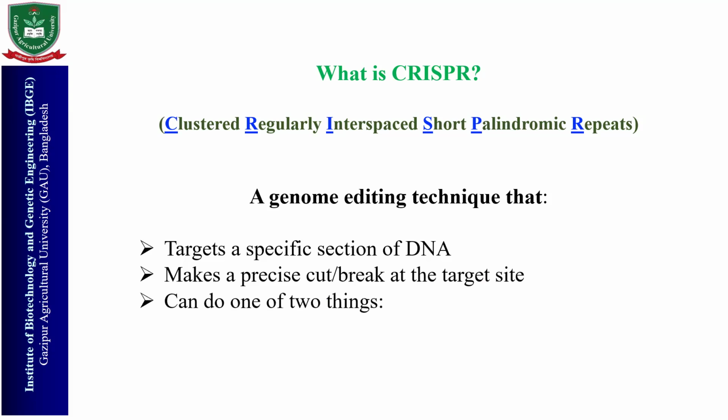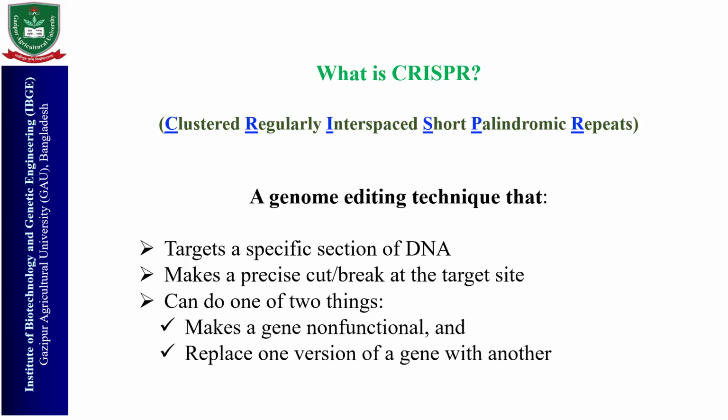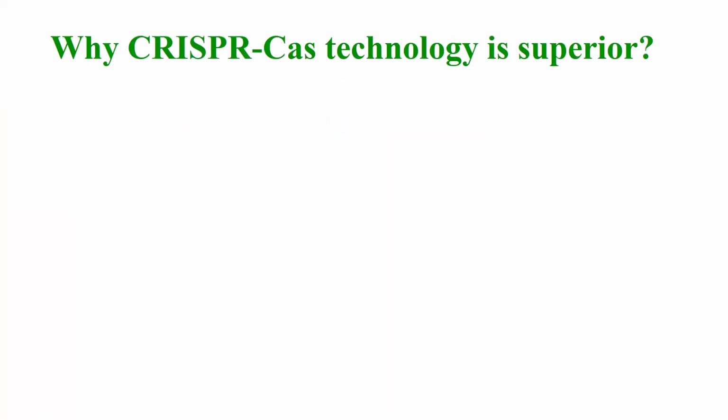So it can do at least two things: make a gene non-functional and replace one version of a gene with another. It can even cut a part, and if you put in the correct template, then it can correct the sequence. So CRISPR is, as I told you, the most superior toolbox.